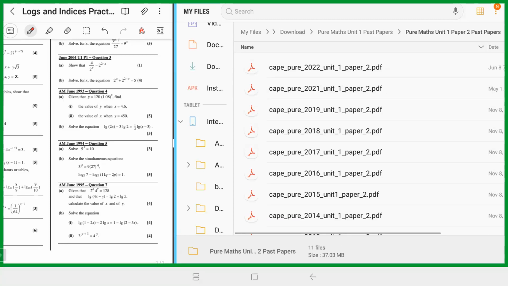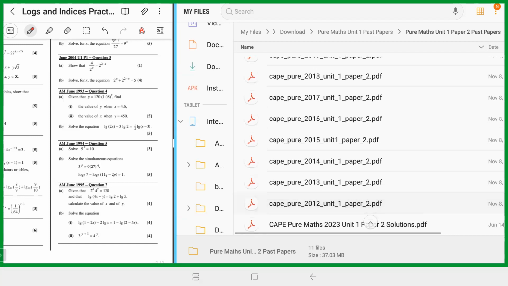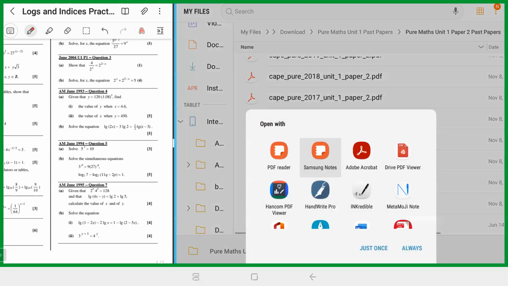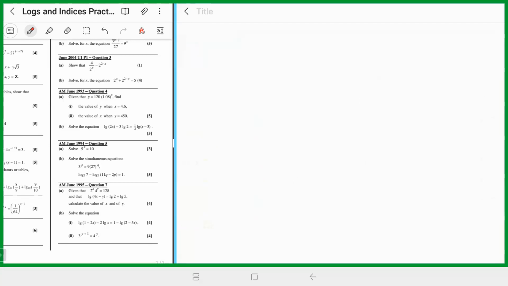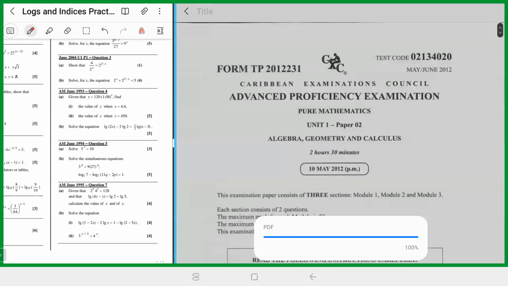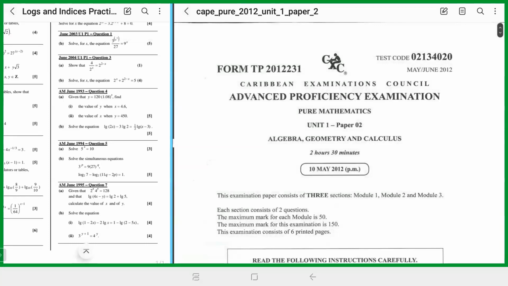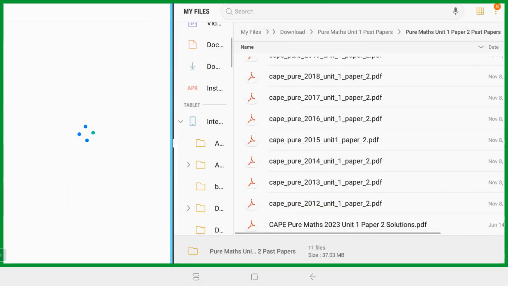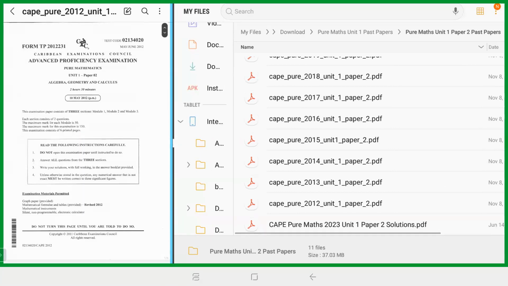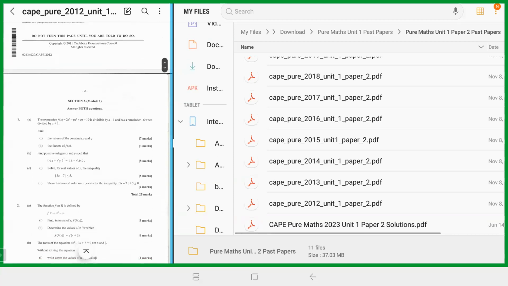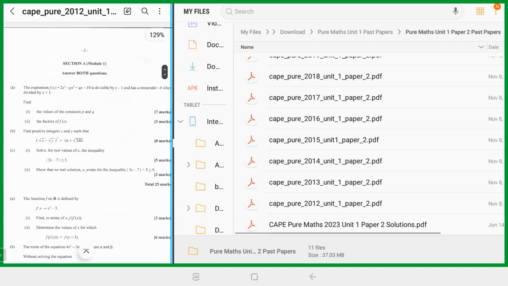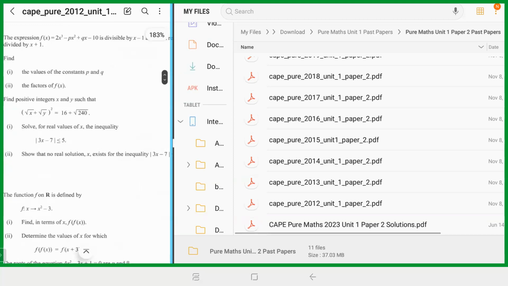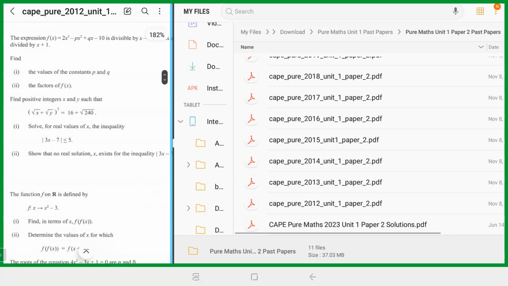We're going to start from 2012 and work our way up. I'm going to search for the surds, logs and indices in those papers. Here's a nice question right here. Indices. I'm going up on screen.